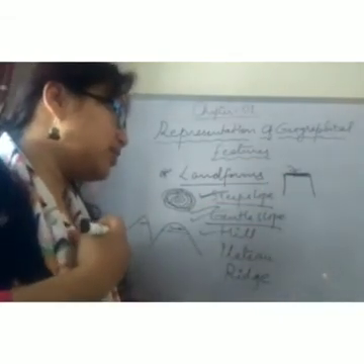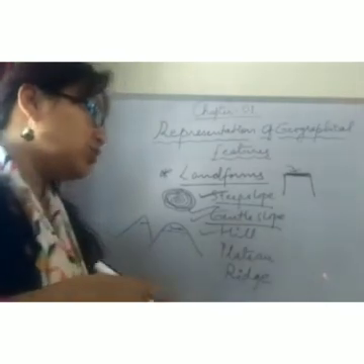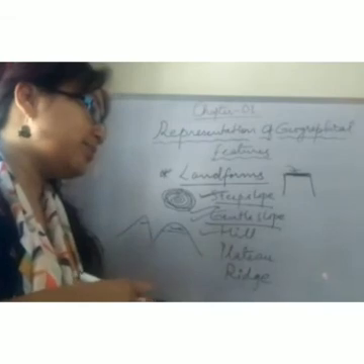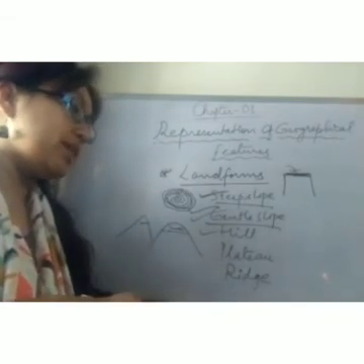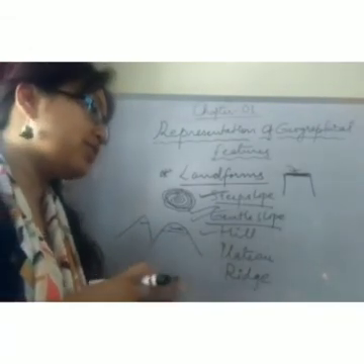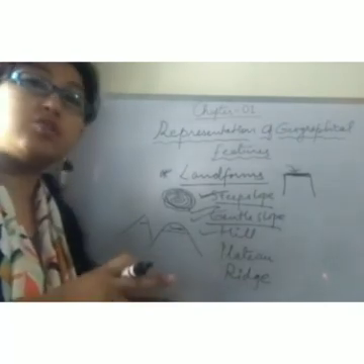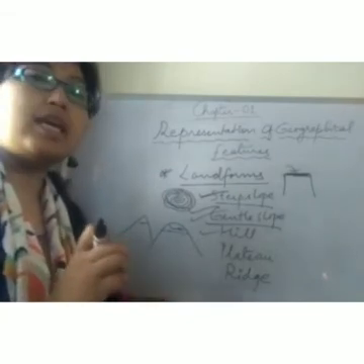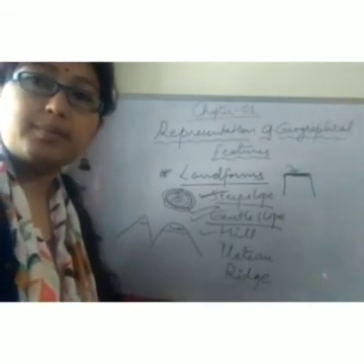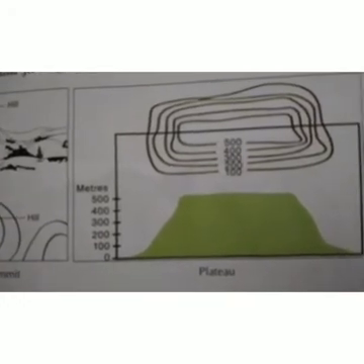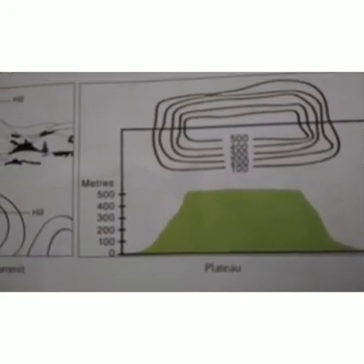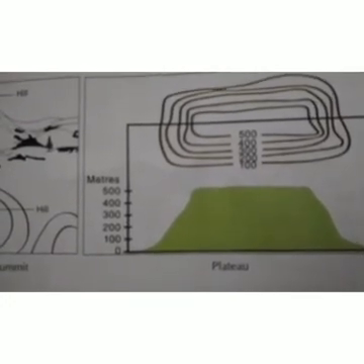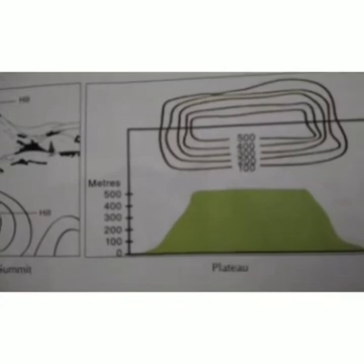Now there are sloping surfaces on all the sides, losing height away from the top. If the sides are steep, contours are closely placed, and if the slopes are gentle, the gap between the contours is more. And the contours of plateau are generally elliptical in shape. You know what is elliptical? So this is elliptical shape. You see the contours which show the plateau, that place is having plateau there.